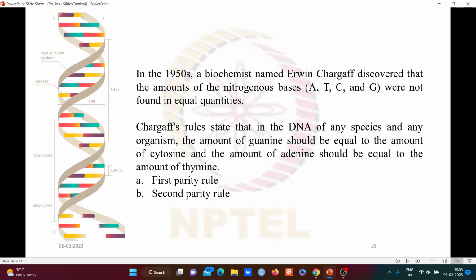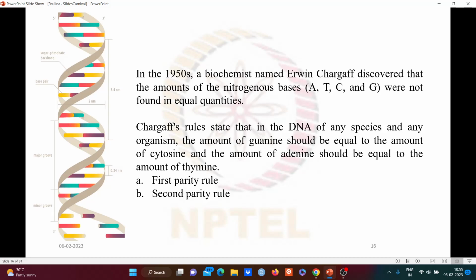Based on this, he framed some rules. Those are called Chargaff's rules, which state that in the DNA of any species or any organism, the amount of guanine should be equal to the amount of cytosine, and the amount of adenine should be equal to the amount of thymine.